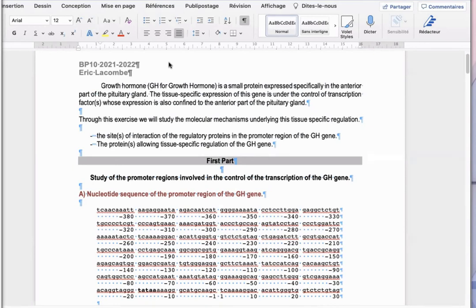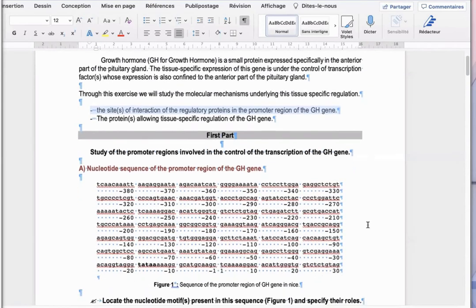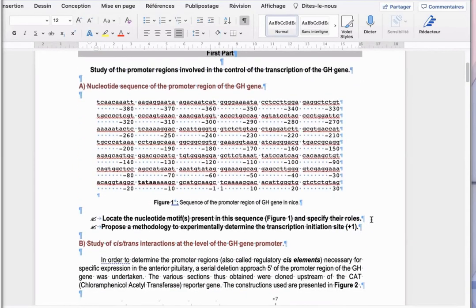Okay? So we have two parts in this exercise. The first part is to identify the regulatory elements and the interactions on the GH promoter. And then in the second part, we're going to study the transcription factors that are governing the expression of the GH gene. So for the first part, there is a first question.